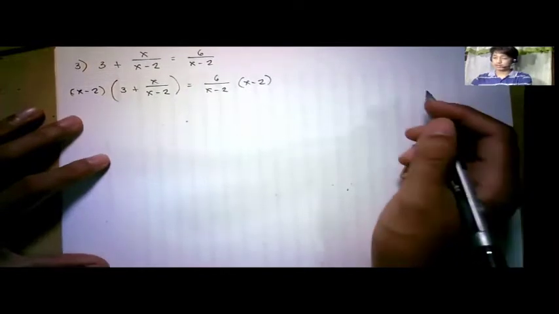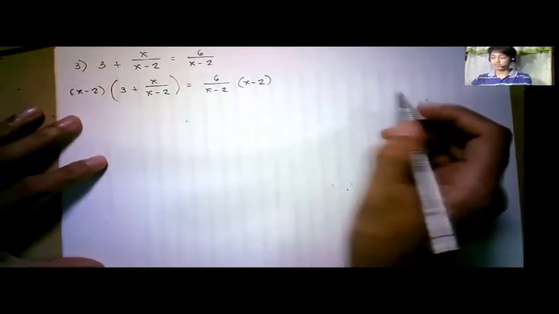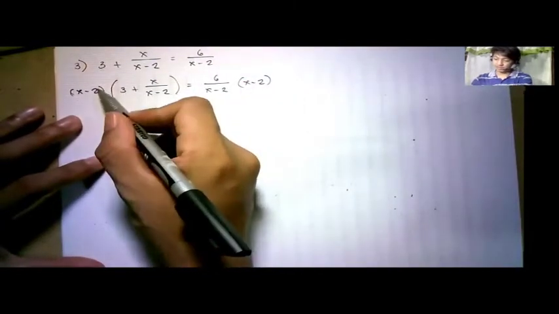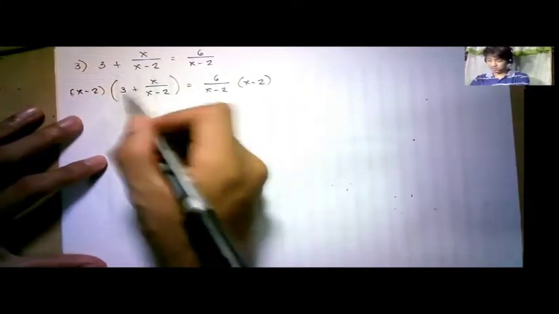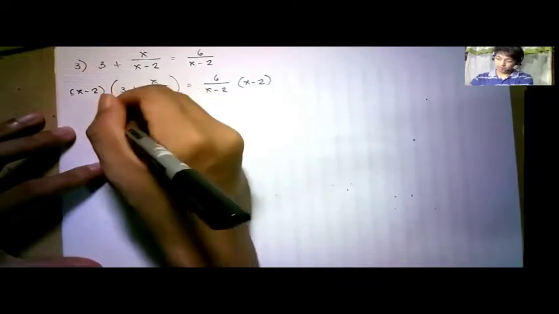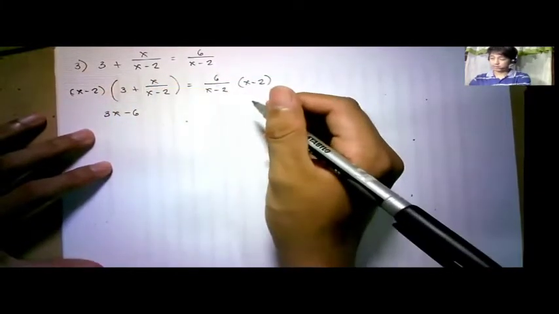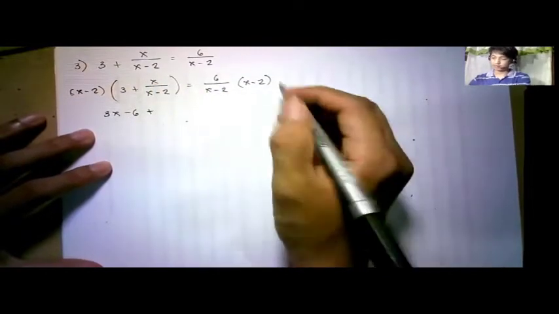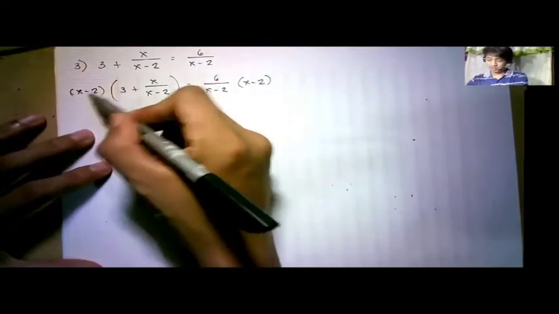Okay? And then we just multiply. So basically, x minus 2 times the quantity 3, that will give you 3x minus 6, and then plus x, since it is the numerator, we can cancel out x minus 2.